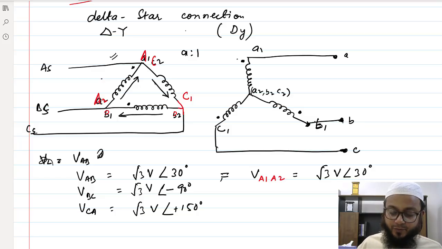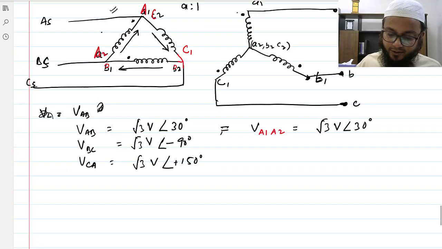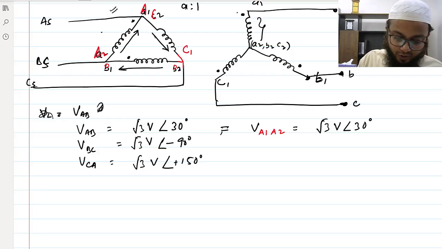So what would be the line voltage here at the secondary of the transformer? To find this line voltage, we need to first find the phase voltage here at the secondary. What would be this side voltage? We will transform the voltage appearing across the phase of the primary side.